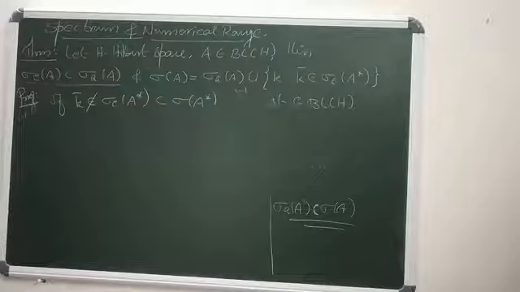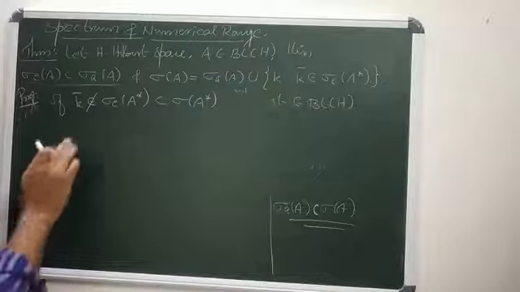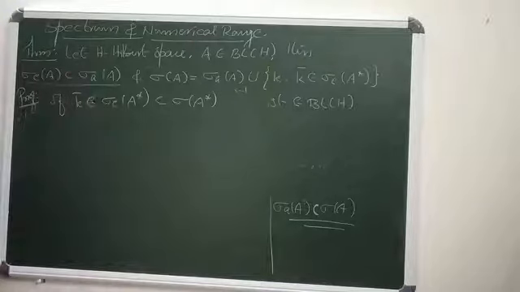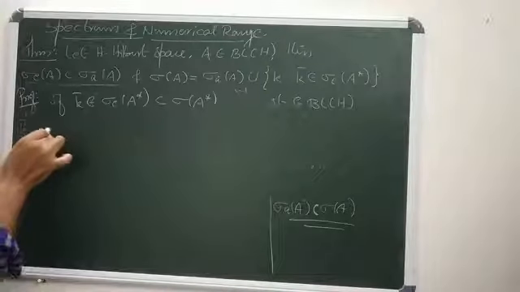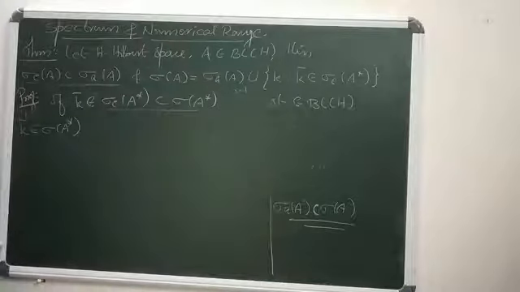Sorry, not outside. Suppose k bar is present in sigma E of A star. When k bar is present in sigma E of A star, where should k bar be present? K bar is present in sigma A star. Why? Because of this argument.